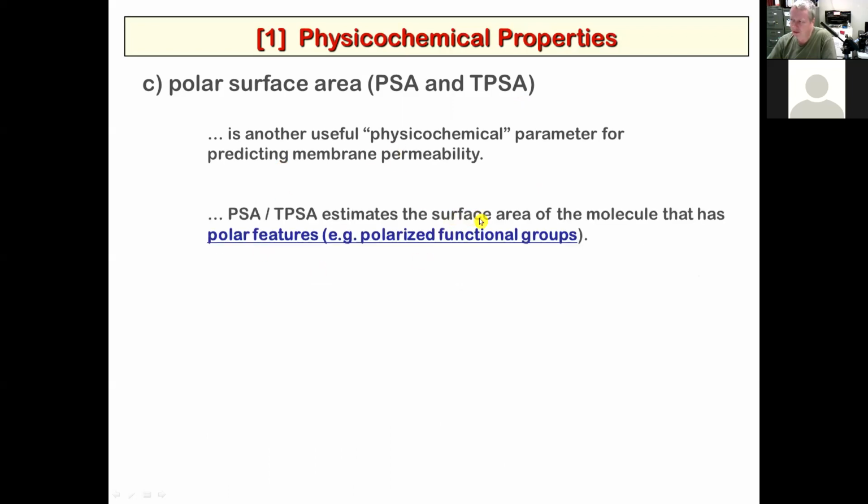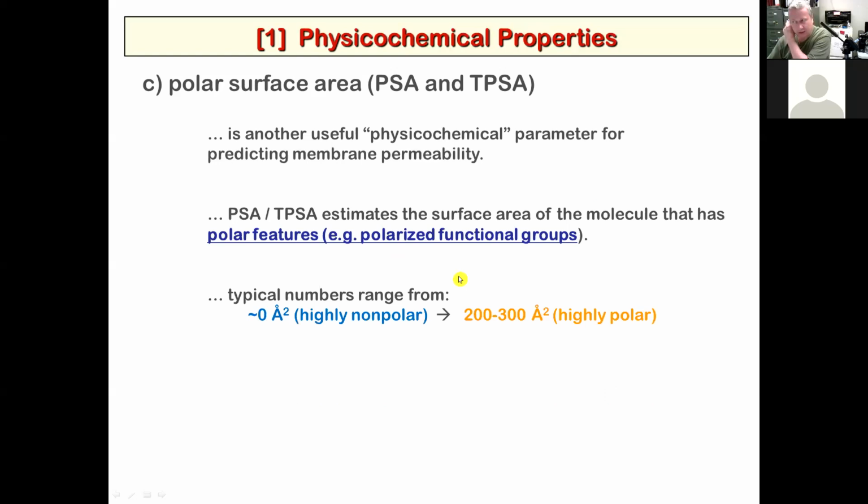It estimates the surface area of the molecule that has polar features like polarized functional groups, alcohols, ketones, amines, things like that. A typical number is 0, which is highly nonpolar, to 200 to 300, which is highly polar, with lots of polar functional groups.